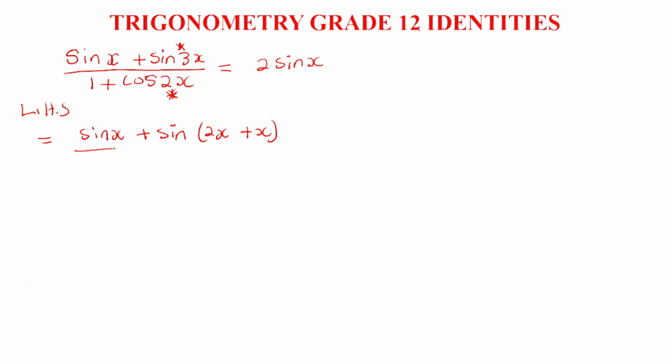All over 1 plus cos 2x. We can change this to 2 cos squared x minus 1. Okay, great stuff.